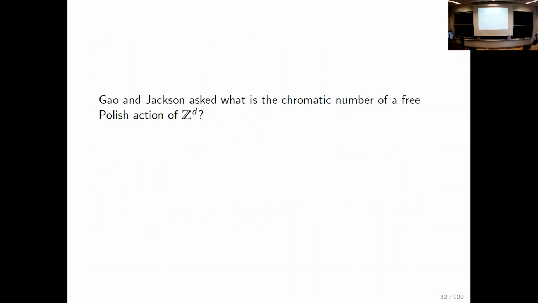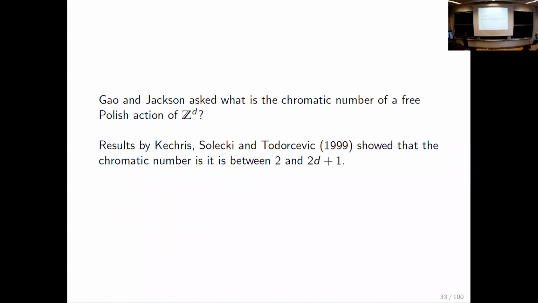So now Jackson asked what is the chromatic number of a free Polish action of Z. They were actually interested in the free part of a particular action. So the chromatic number is between 2 and 3, plus 1.